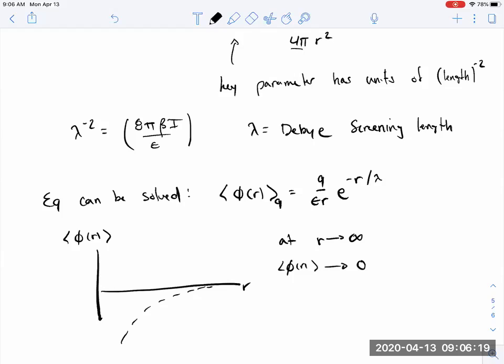So for r much, much greater than this screening length, a charge that is at that distance doesn't feel the effect of the charge at the origin because those counter charges have effectively neutralized it. That length scale lambda then signifies the length over which the excess charge due to tagging a charge and insisting that it is existing at the origin, where we don't notice that that charge is there anymore.